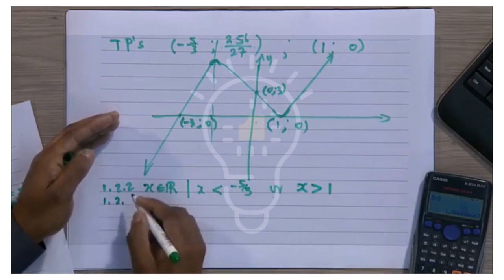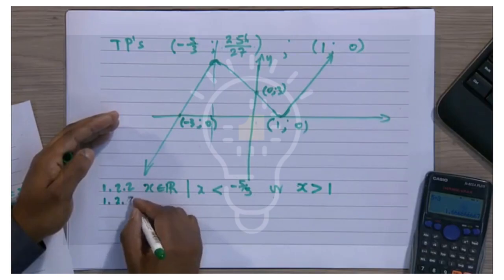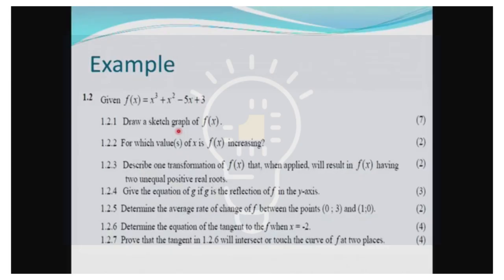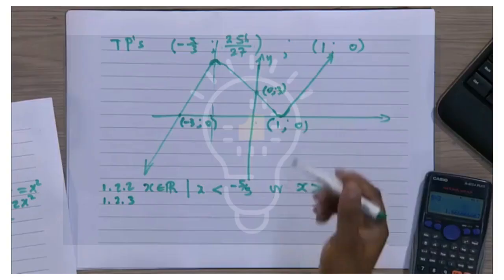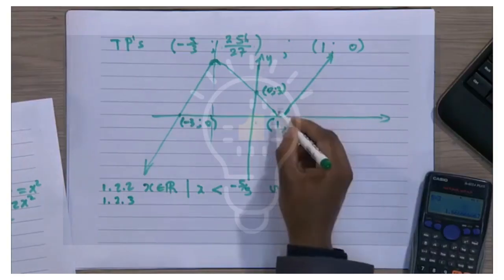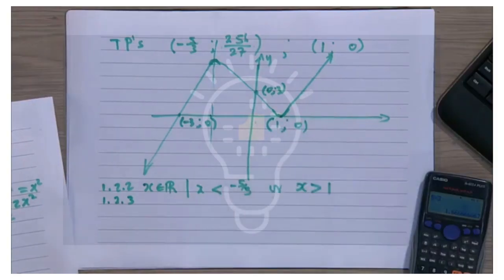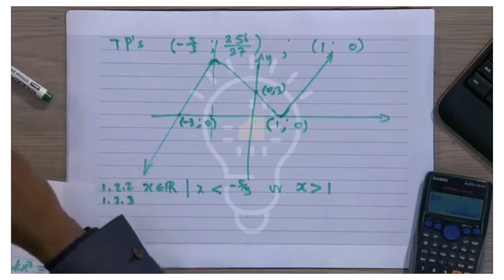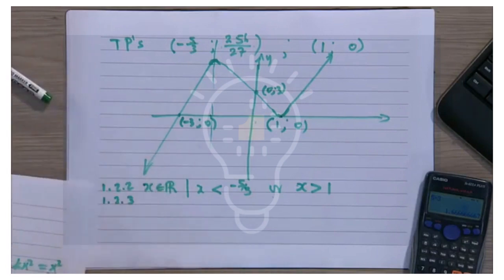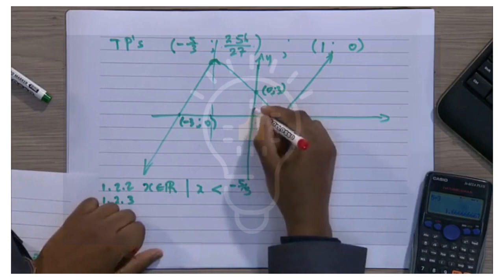Let's see if we can do 1.2.3. Describe one transformation that when applied will result in f of x having 2 unequal positive real roots. If we have to have 2 positive real roots, remember here we're having only 1. Now if we shift this function, let's say 2 units down, it will be at 1 here, so this point will be there.